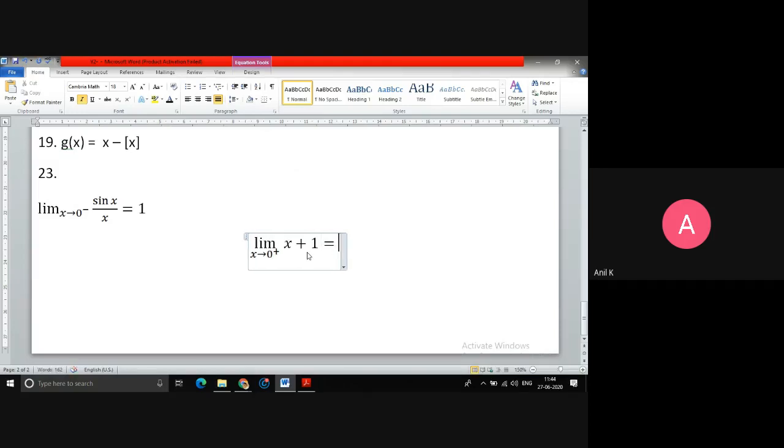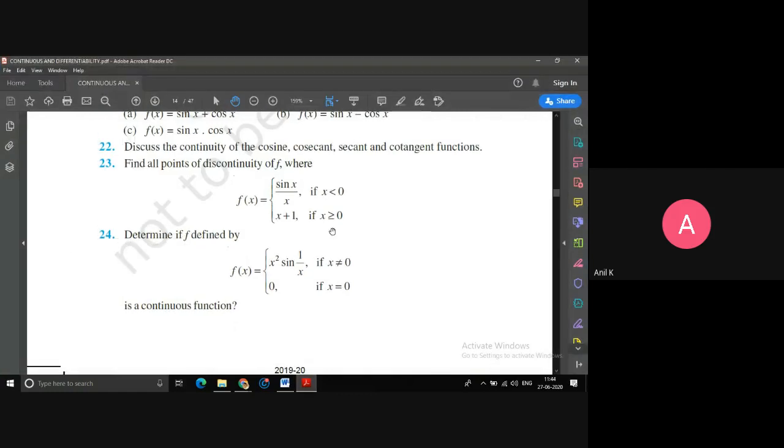So when I solve this, I'll get 0 plus 1, which is going to be 1 only. So the left limit is 1. The right limit is also 1. Even the functional value is also going to be 1. Because if x equals 0, it is x plus 1.